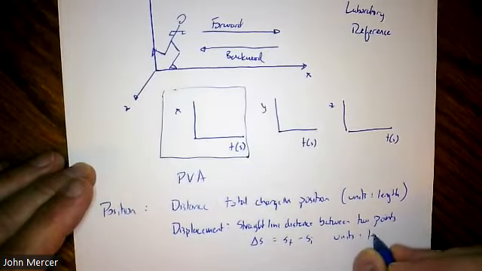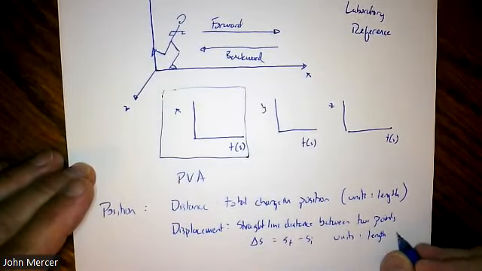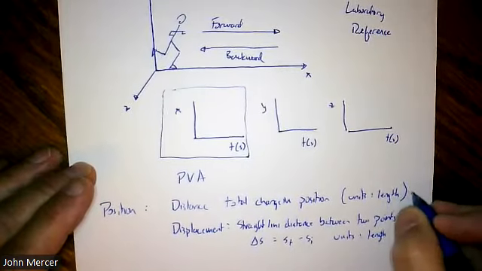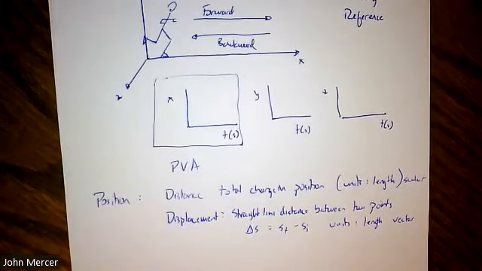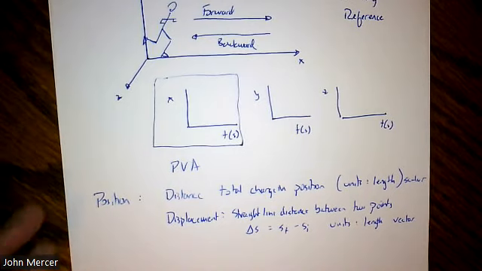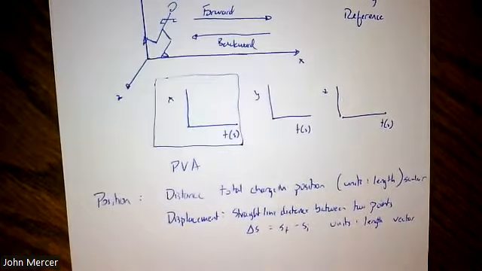And units, again, are units of length. And this is a vector, whereas this is a scalar. Distance is a scalar. All right. And remember, anytime we do vector, we have to deal with both magnitude and direction of the parameter. All right, so that's position.